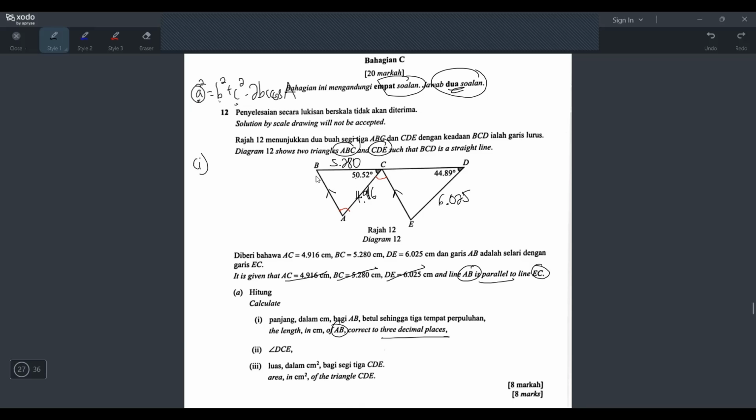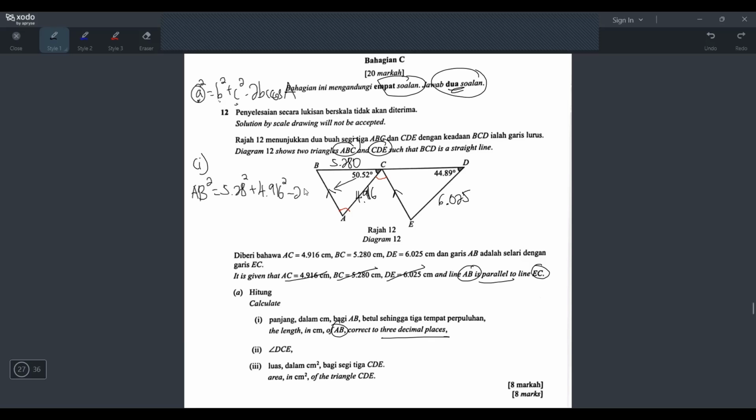50.52 is the angle, right? So opposite the angle, this one. So this one is the a, right? So my small a is actually the length AB. And then squared equals the b and c, the remaining two sides, which is 5.28 squared plus 4.916 squared, right?